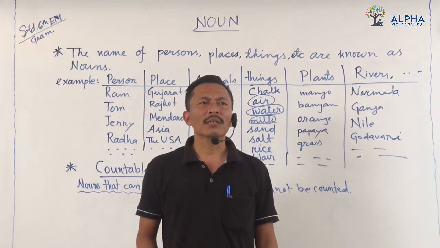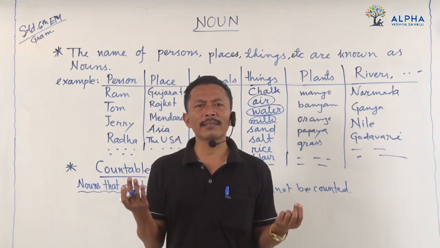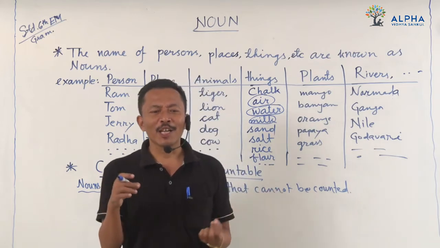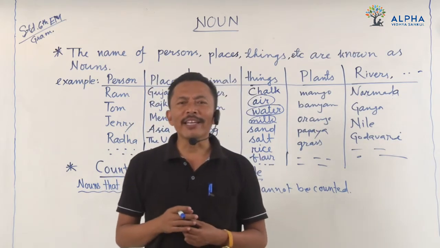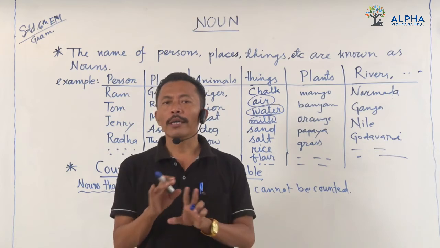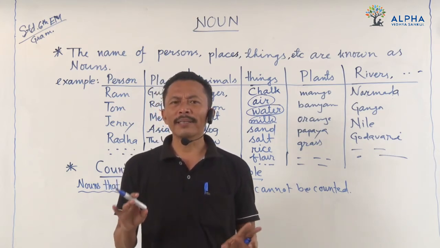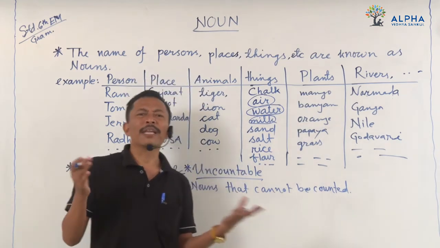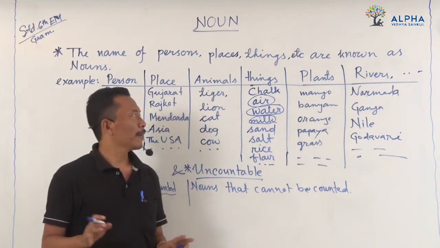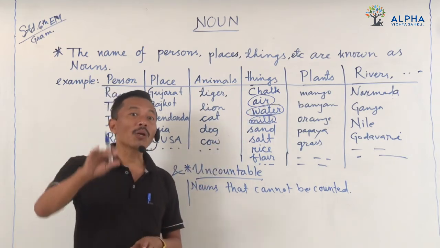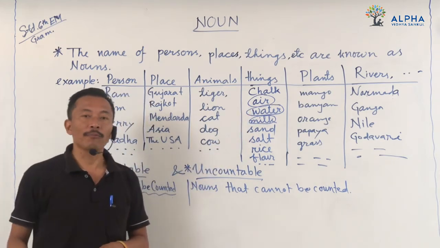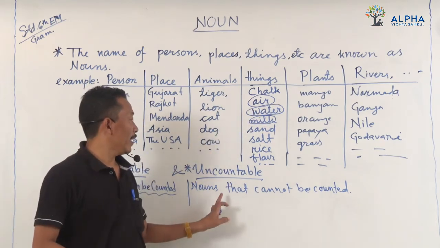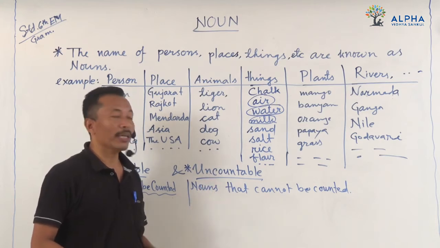How many airs can you breathe in a day? In such a way we cannot ask. But there are different names of air, oxygen, hydrogen, many more. That is a different thing. But we cannot count like 1, 2, 3, 4, 5. So air is also listed in the uncountable nouns.